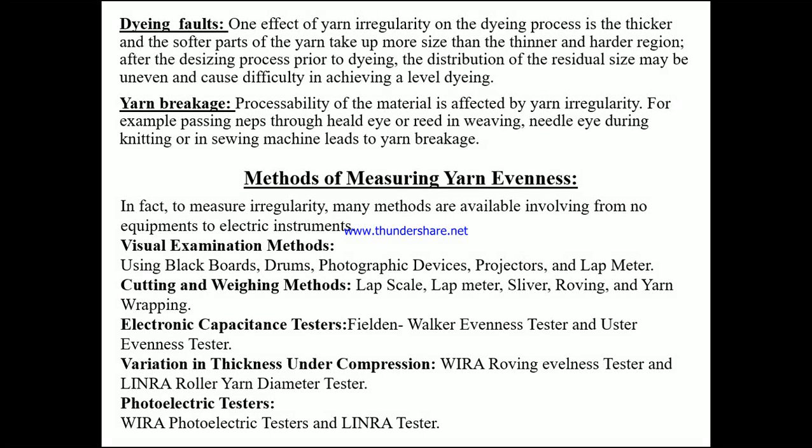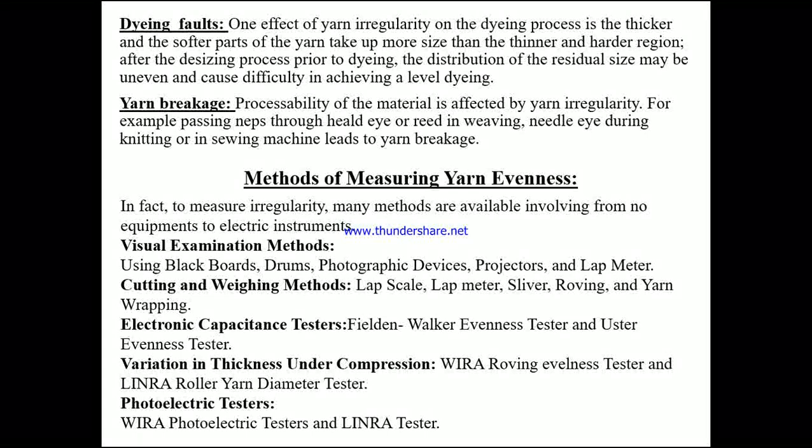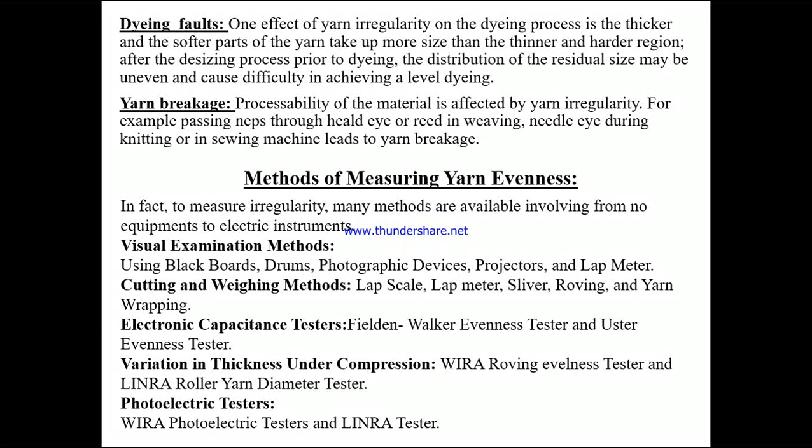If it is an even yarn with no such defects, then on the blackboard the appearance of the yarn will be very even. Then we compare that blackboard with a standard yarn board, and based on the appearance we give a grading from 1 to 5.